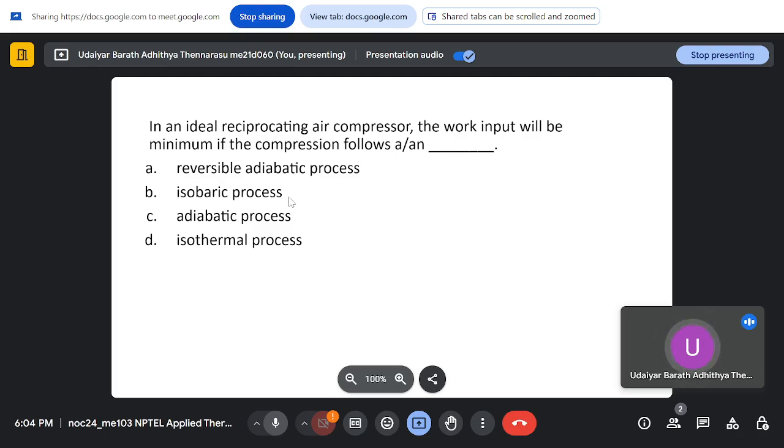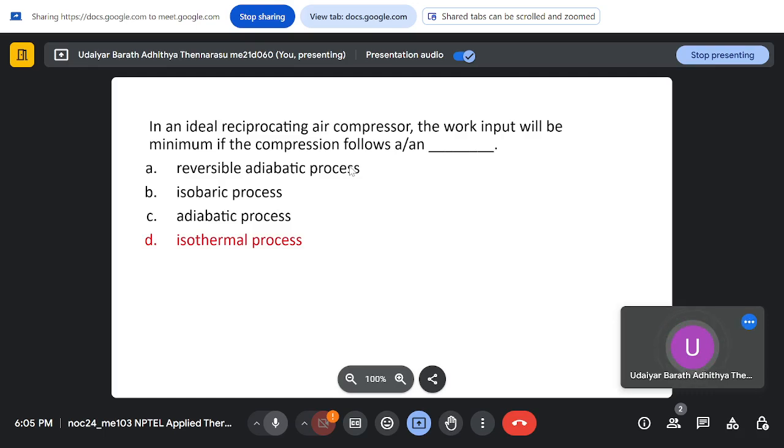Which will have the minimum work requirement for the compression? That's what is being asked. Suppose you have pressure P1 and you're compressing it to, say, 6 bar. Which process will give you lower work input? For this case the answer is D, isothermal process.